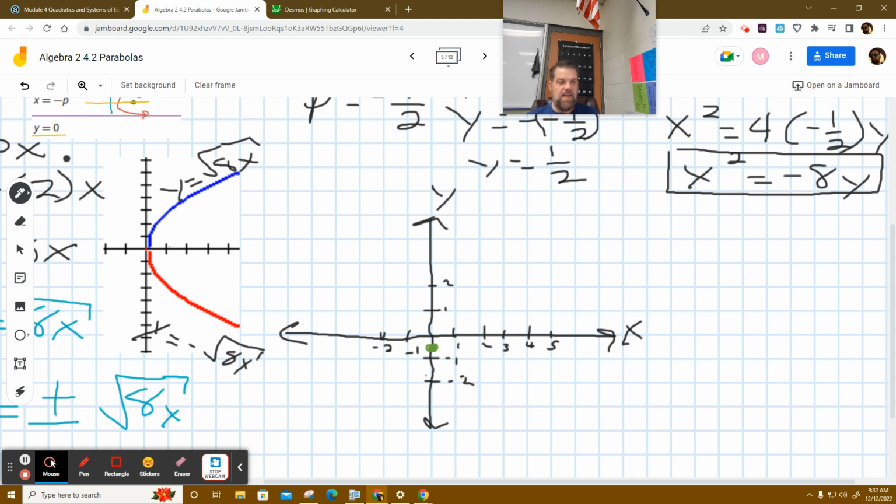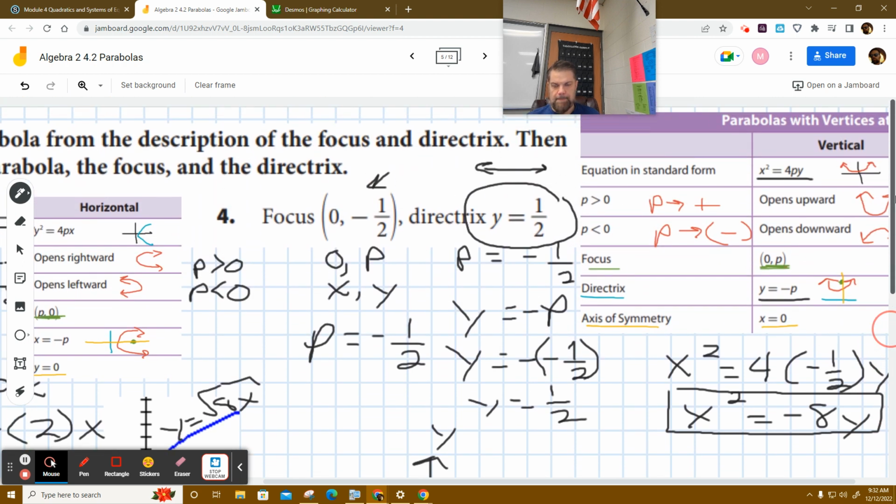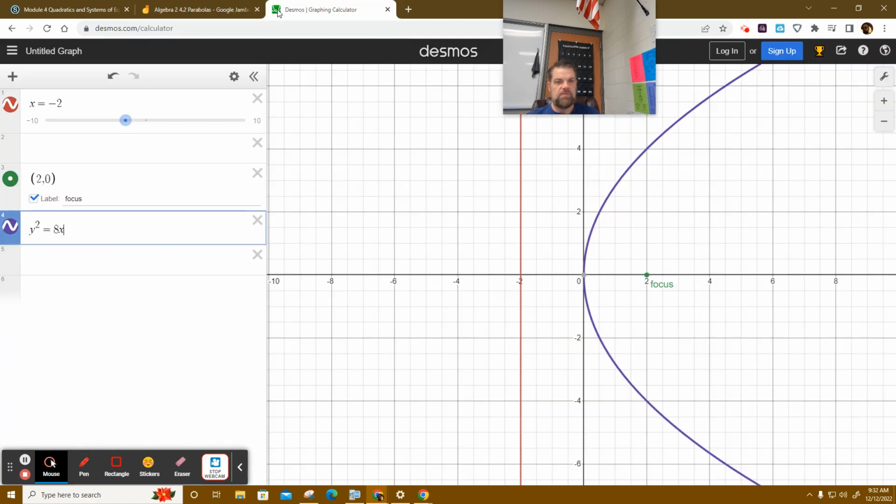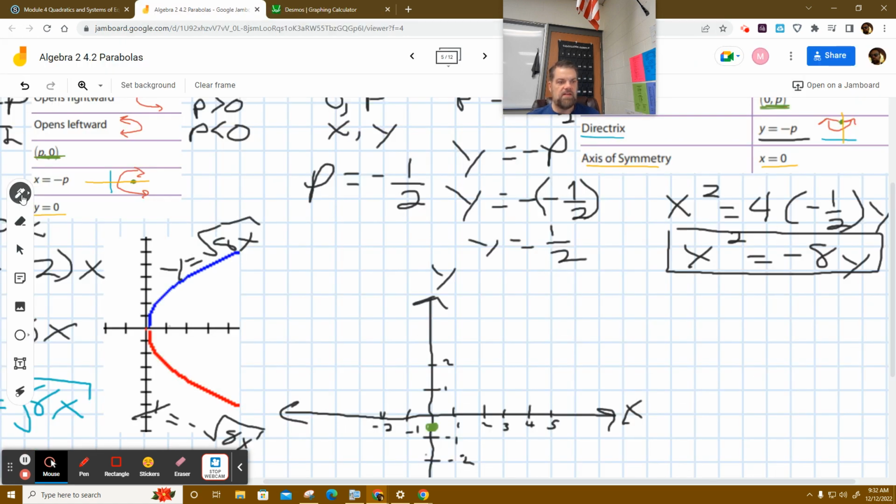Okay, and then my horizontal line. Remember the vertex is going to go through the origin, but they give us the directrix, so we're going to say y equals 1/2. What color did I do that in? Red.